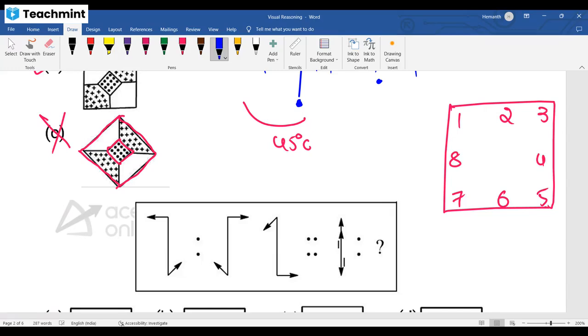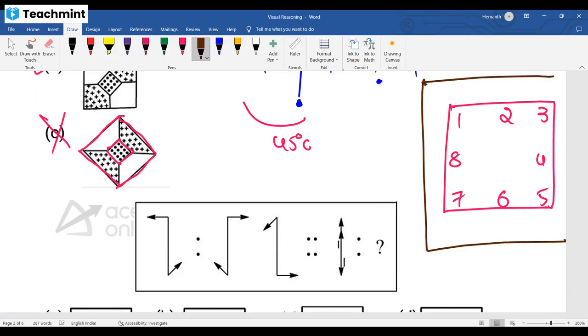One position you move is 45 degrees, my dear friend. So 1, 2, 3 means 90 degrees. One position change is 45 degrees for information. 1 to 6 is clockwise, and 1 to 8 is anti-clockwise. Now next one.